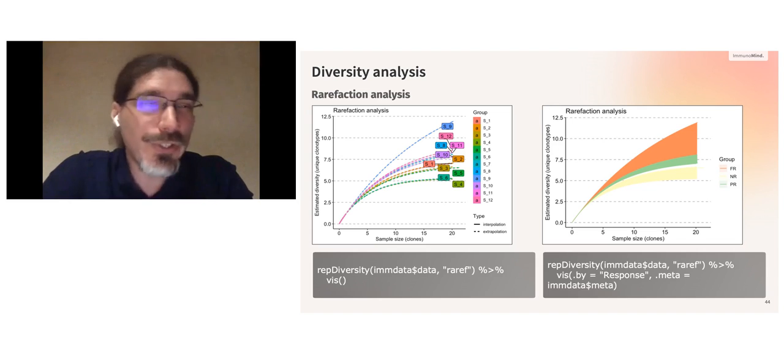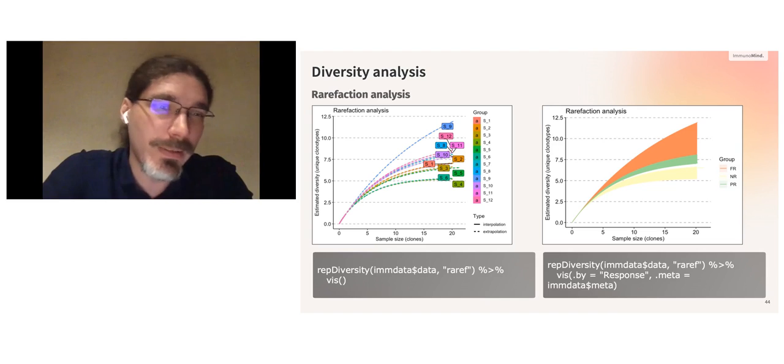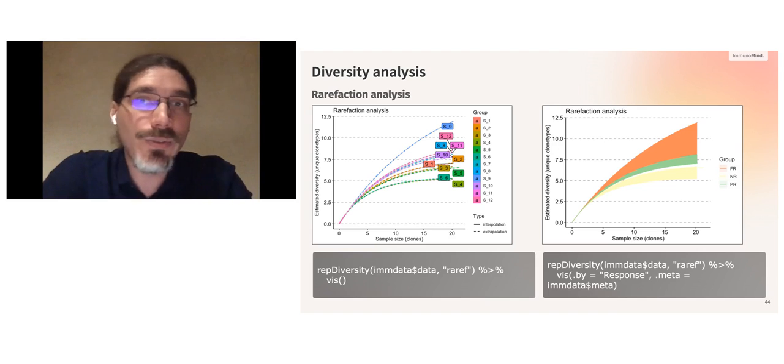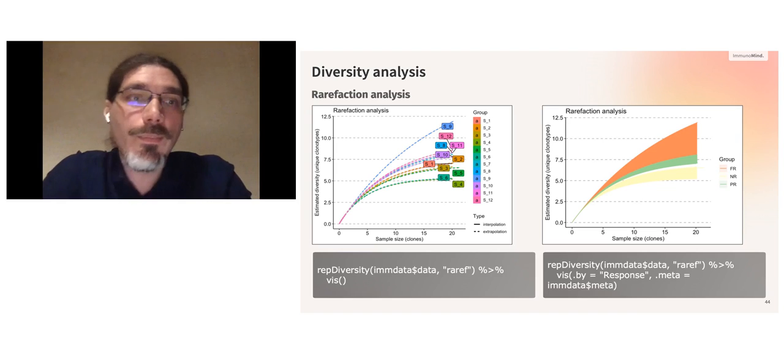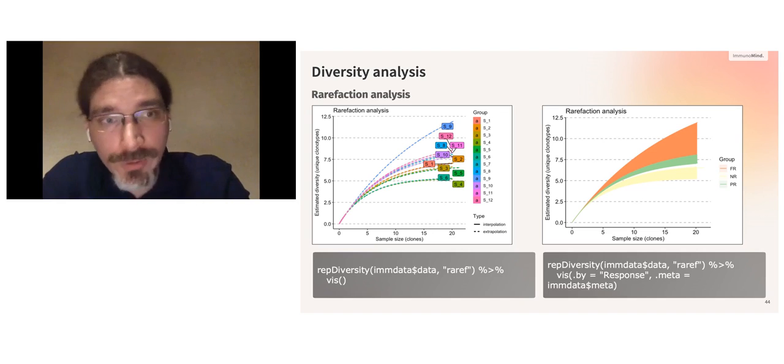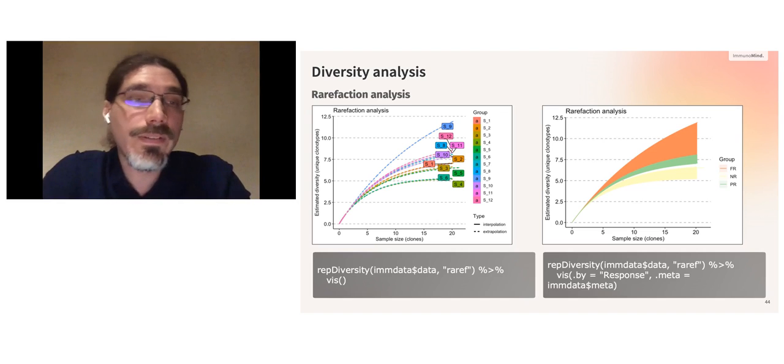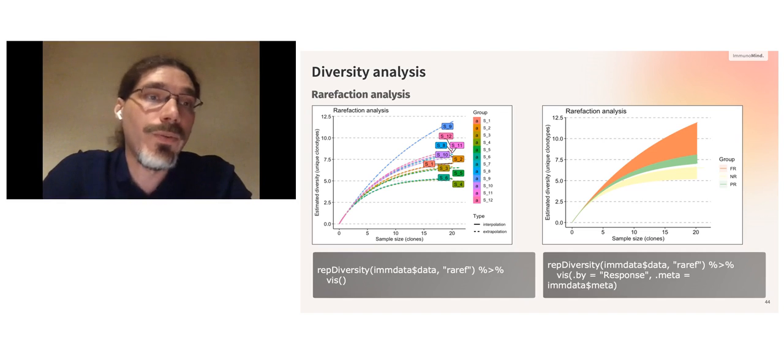Again, it's better to filter out bad samples. But if it's hard to do, you can do some sort of small downsample. So not downsample to the smallest immune repertoire, but downsample to the smallest times 3.